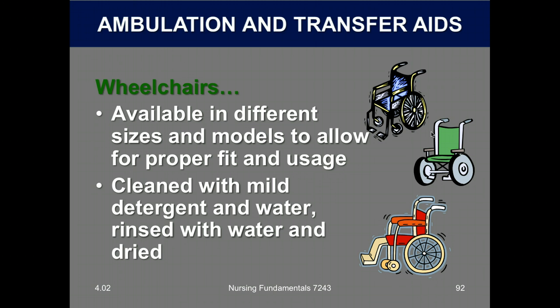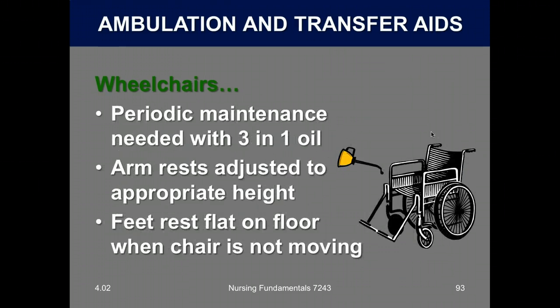Wheelchairs are available in different sizes and models to allow for proper fit and usage. They're cleaned with mild detergent and water, rinsed with water, and then dried. Periodic maintenance is needed with 3-in-1 oil to ensure that the parts move appropriately.